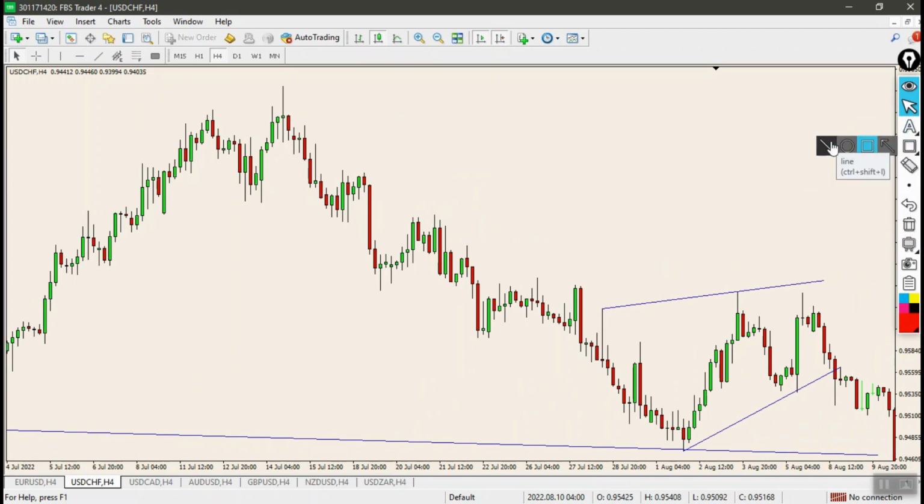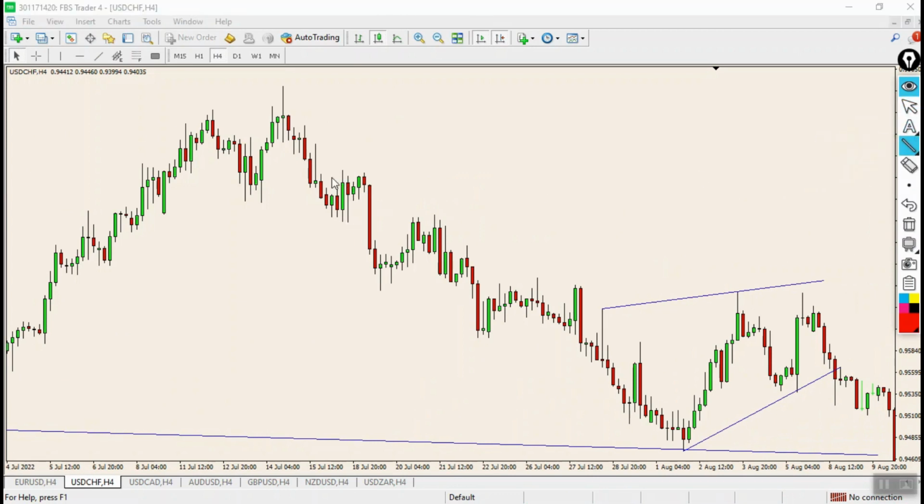Hold on, this could be a continuation pattern. If you go on the lower time frames, I believe it's much clearer than it is now. This right here could be a continuation pattern all on its own. So this here could be a continuation pattern all on its own as well.